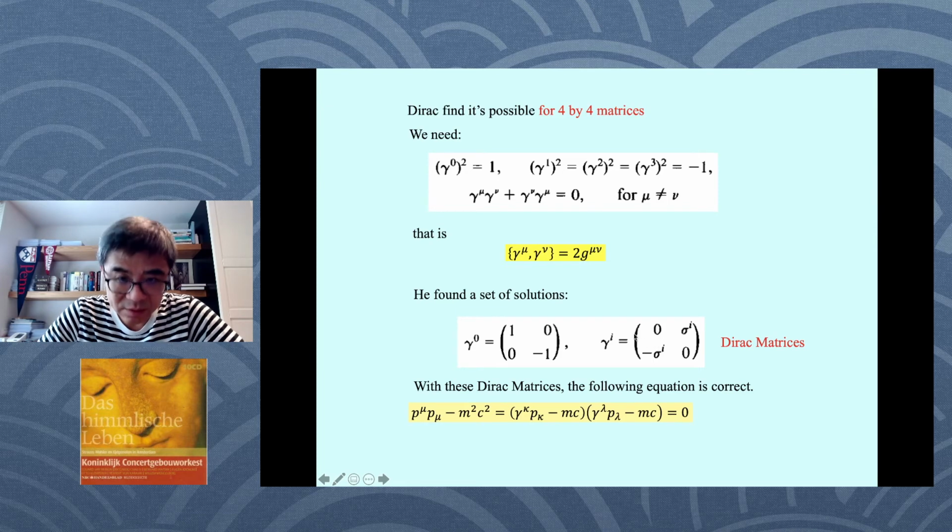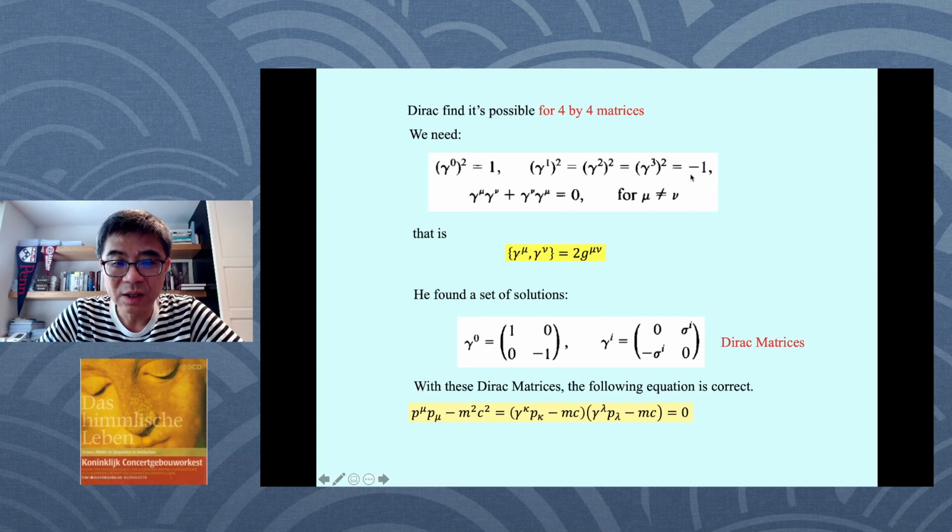And it takes more algebra to prove to yourself that gamma i squared is equal to -1, but it does work. And you can try to find out the anti-commuting relation, and I will leave it as an exercise for you. It's easy to just do it on a piece of paper, that actually they satisfy this.